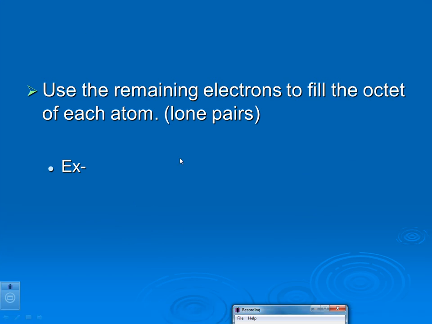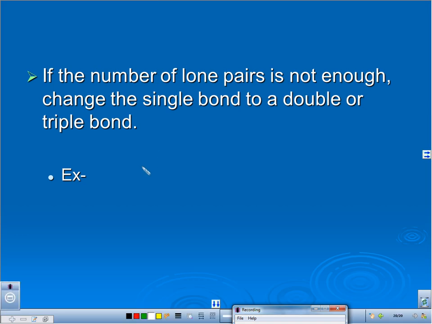What if it doesn't work out that well? Well, I'll give you an example. Carbon monoxide is a good example of one that will not work out right away. We count out the electrons. There's 4 from carbon plus 6 from oxygen. That gives me 10 valence electrons that my final Lewis structure must have.